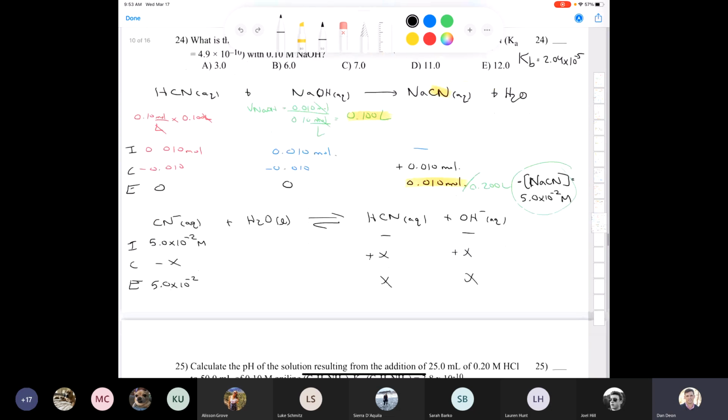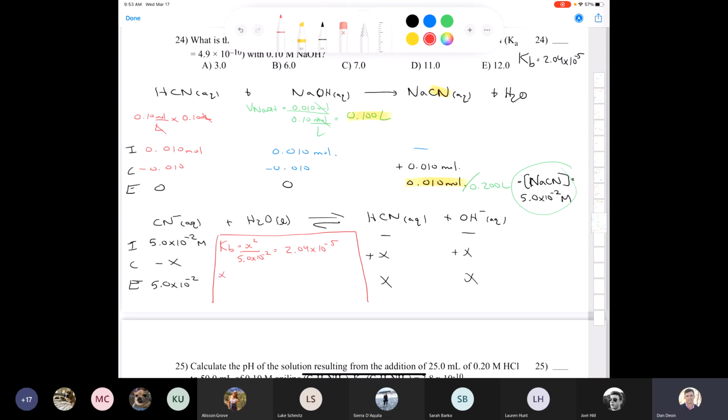I didn't give myself really enough room to do that, so I'm going to try to stick it under here. And we get that Kb is equal to x squared over 5.0 times 10 to the negative 2, which again is equal to our Kb, which is 2.04 times 10 to the negative 5. I know I'm carrying an extra sig fig. I'll round off at the end.